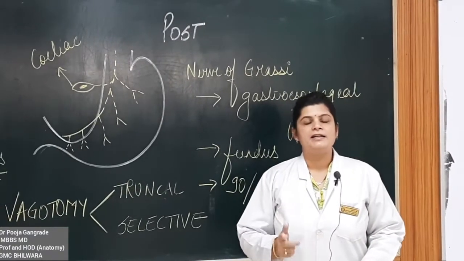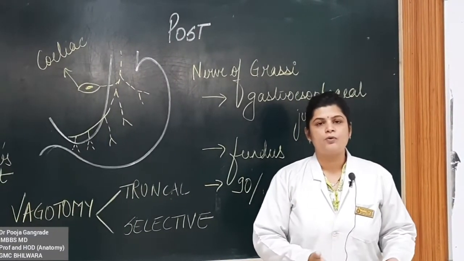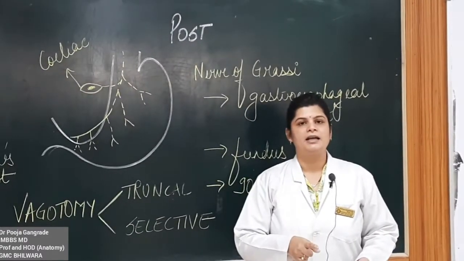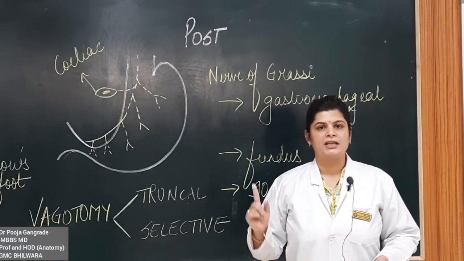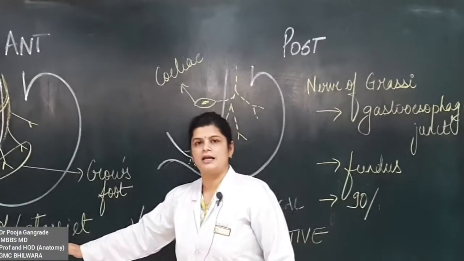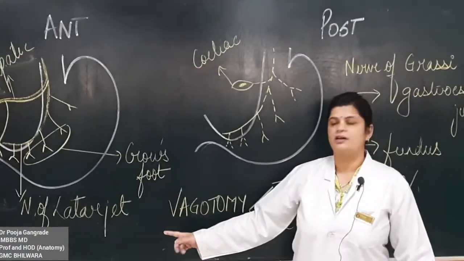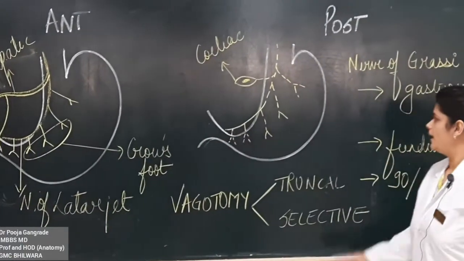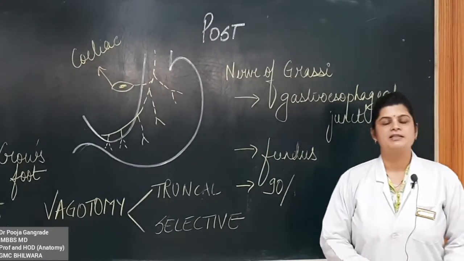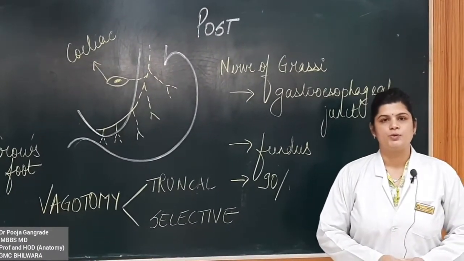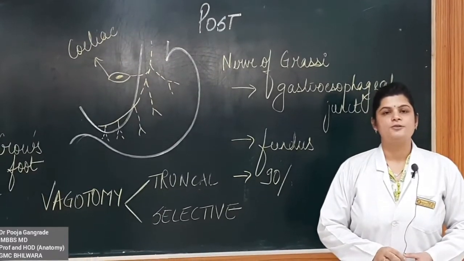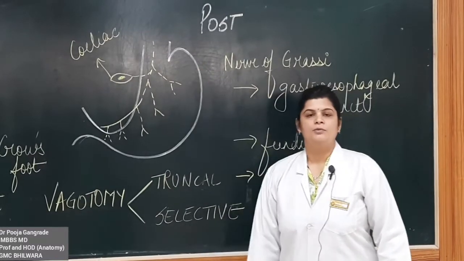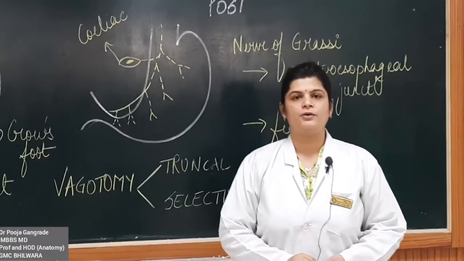The final anterior vagal trunk which continues down on the lesser curvature of the stomach after giving the hepatic and a few fundic branches is the one called the nerve of Latarjet. This nerve has to be preserved because it supplies the part of the pylorus. Okay, and the nerve of Grassi, which is present in around 90% of individuals, is given off at the gastroesophageal junction. It supplies the fundic area of the stomach. With this, we finish with the nerve supply of the stomach.